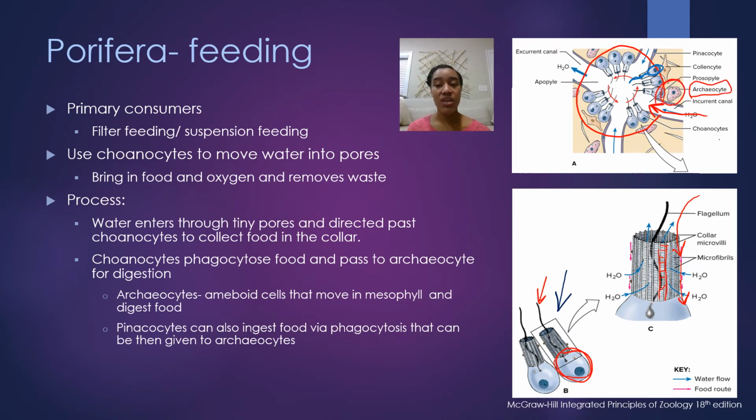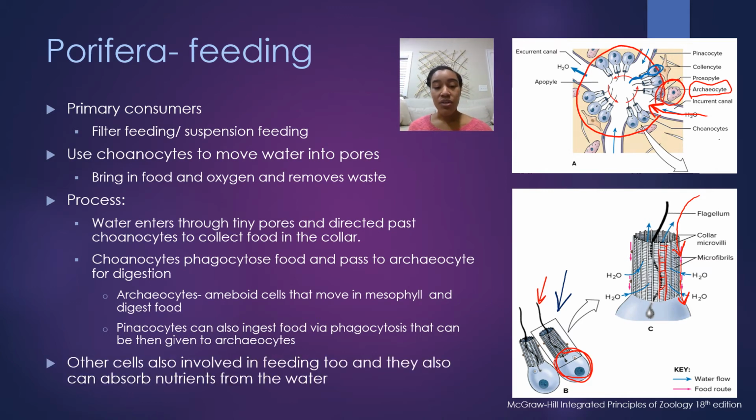Remember, those are amoeboid cells, and they will go ahead and digest the food even more and transport it all throughout the sponge to cells that need it. So this archaeocyte can also get food from the pinacocytes and do the same type of thing as it does with the choanocytes.